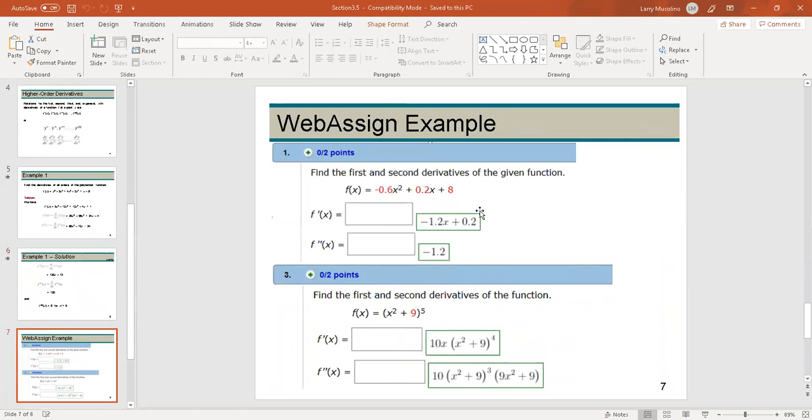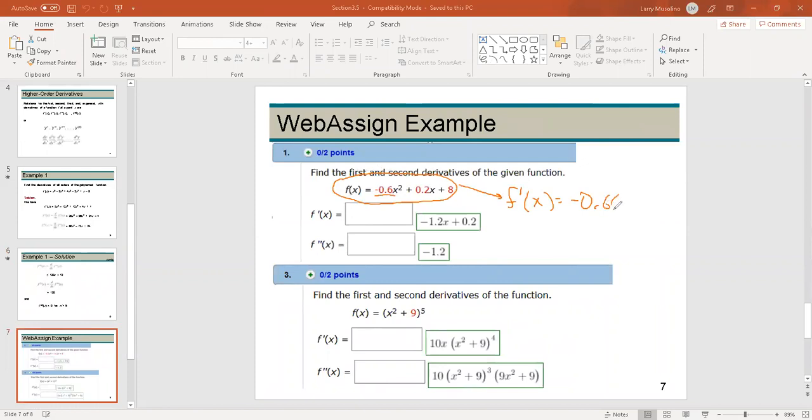All right, let's do a couple of WebAssign examples. First one is giving us this function to begin with. Here's f of x. All right, let's calculate the first derivative. I'm really just going to use the power rule here. So I'm going to bring this negative 0.6 with me because that's just a constant in front.